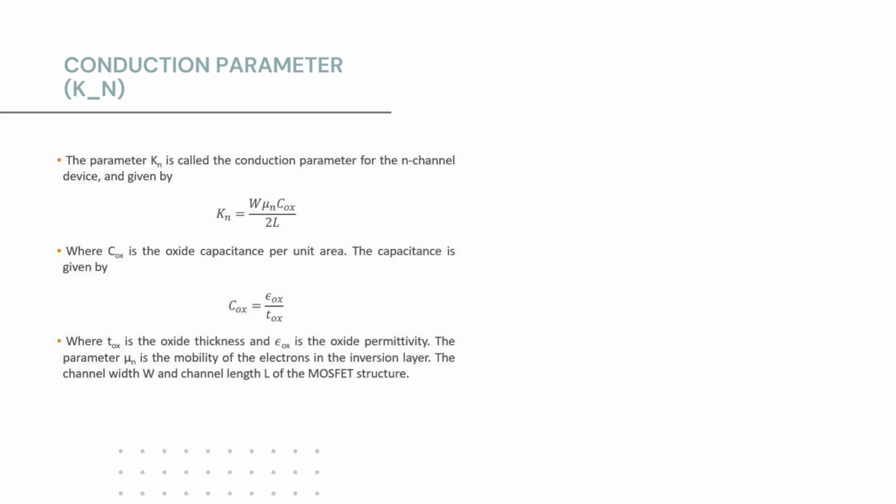If I change the width of the transistor, my ID will vary. If I change the length of the transistor, my ID will vary. So Kn is wholly dependent upon the material and the geometry of the device. The parameter Kn equals mu n Cox W by L, and these are highly dependent upon the material of the device.